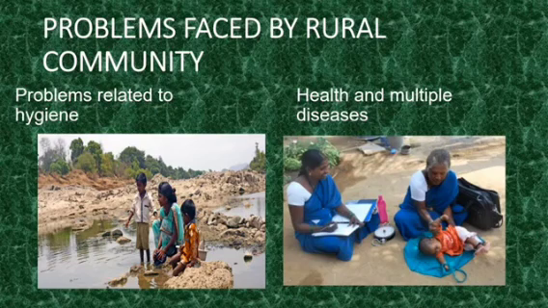Now, hygiene is very important. Personal hygiene helps you to be healthy. Now, you can see in most of the villages, the hygienic conditions are rather low because of the unavailability of plenty of water. The same water is used for bathing, for drinking, and other purposes. That leads to a lot of diseases.